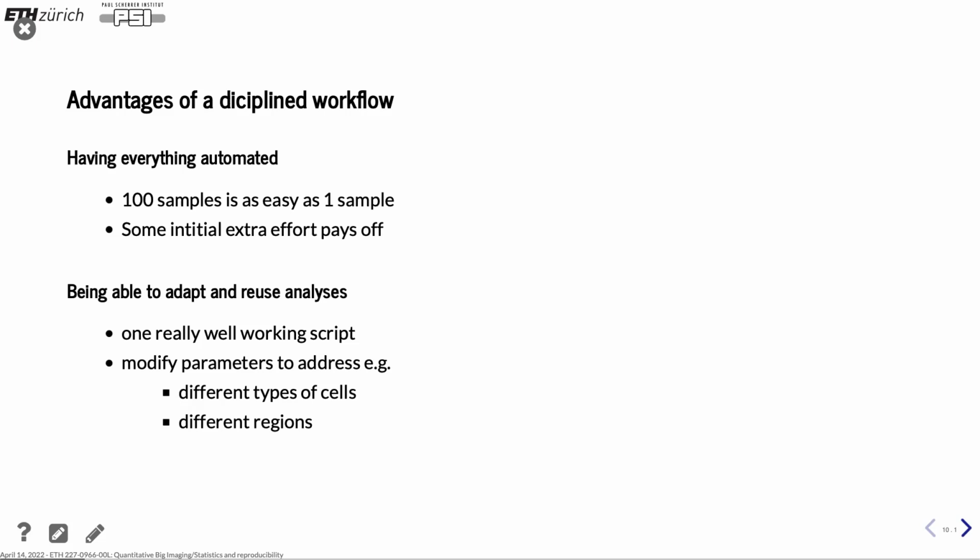Then we also need to know how to compare different processing steps, like what is the effect of choosing this or that filter, this or that thresholding technique, what are the minimum volumes you get out, and which resolution is actually required to make a safe conclusion.